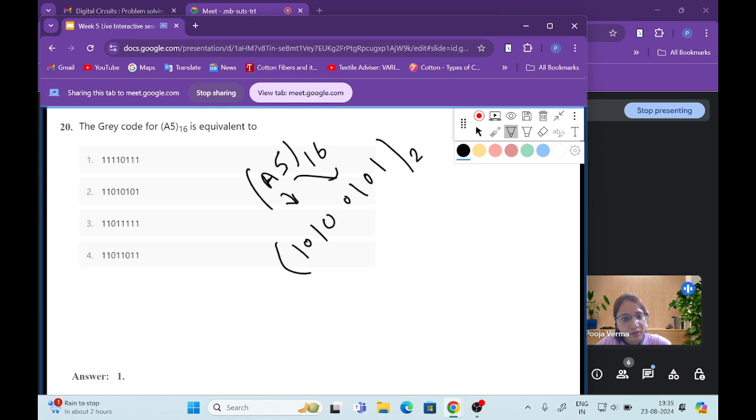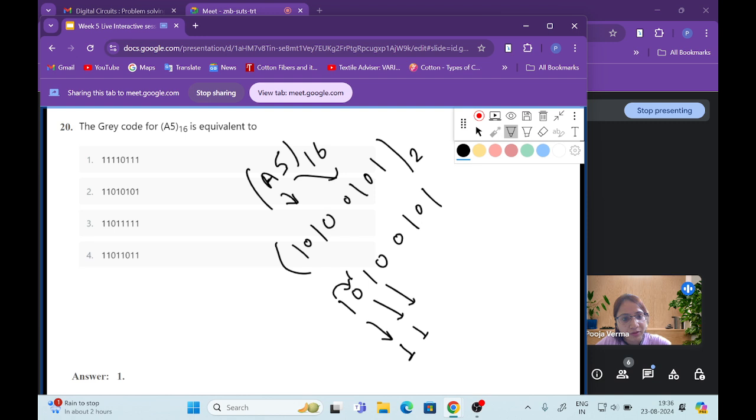Okay. Now we need to find out the gray code. Now we have to perform the binary to gray code conversion. So 10100101. For binary to gray code conversion, we know that the first bit will be the same, and now we have to XOR the first bit with the next bit. So 1, 1 will be there, right?